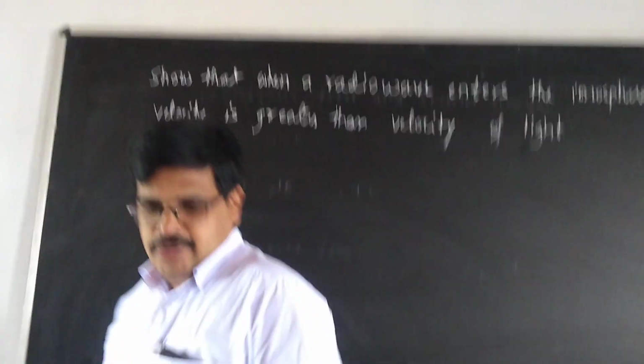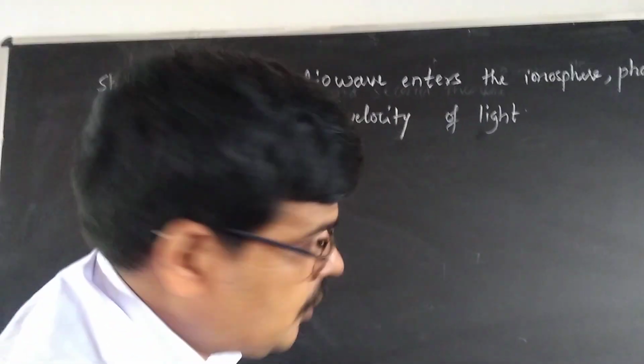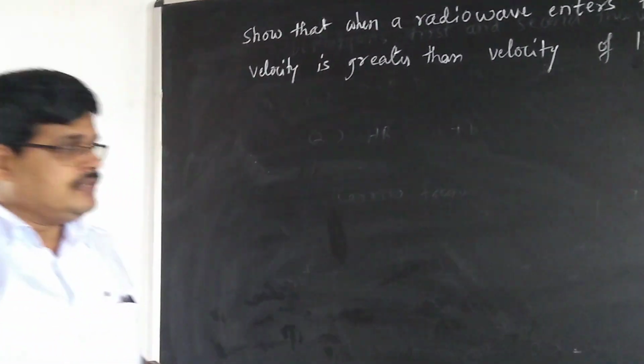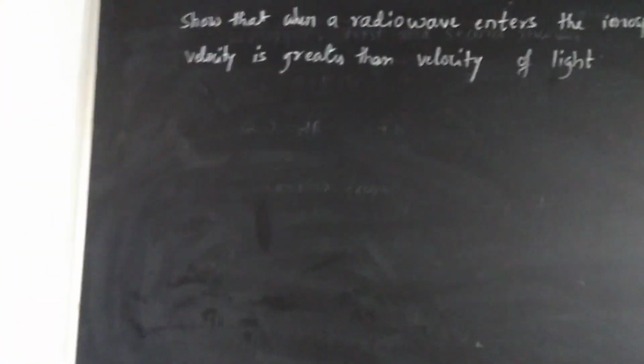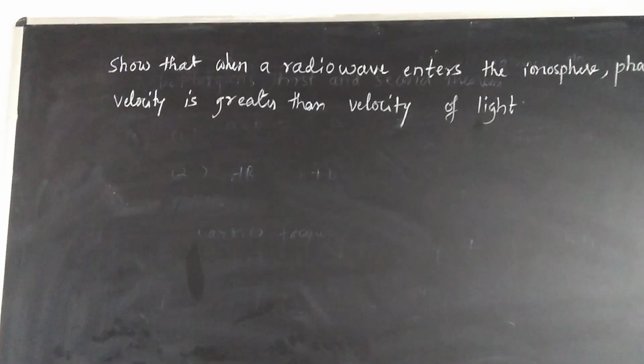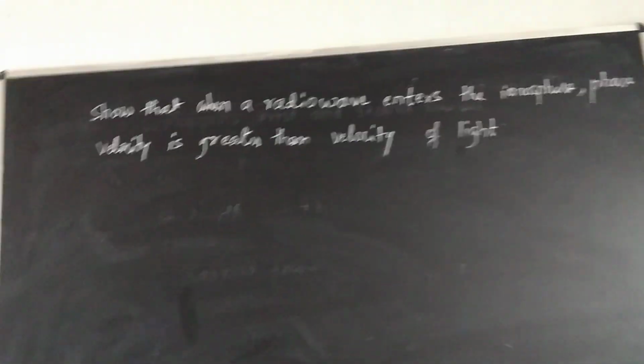So here we have to show that the phase velocity is greater than the velocity of light when the radio wave enters through the ionosphere.